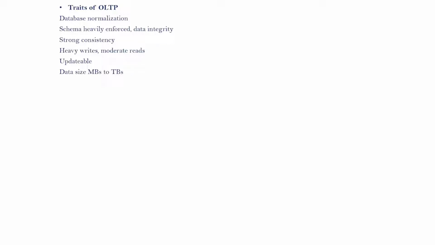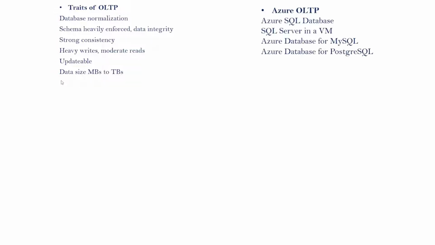Data size, MB to TB: a small dataset can start from a storage size of MB and go up to TB. So whatever traits we discussed about relational databases apply here too. Then Azure OLTP services: Azure SQL Database, SQL Server in VM, Azure Database for MySQL, Azure Database for PostgreSQL.